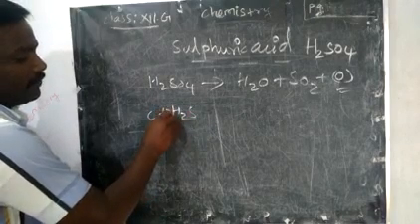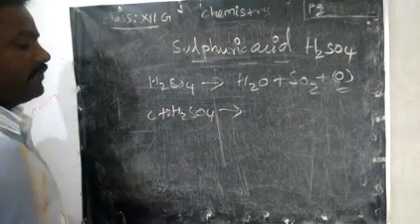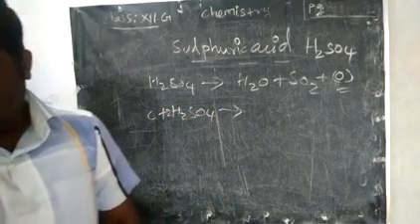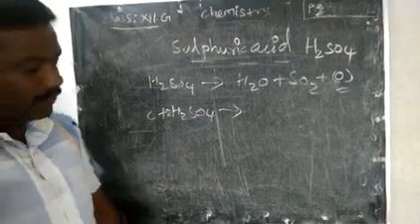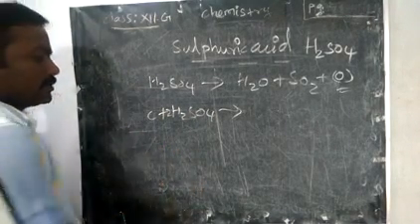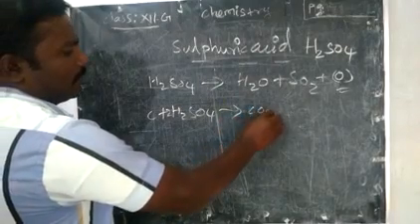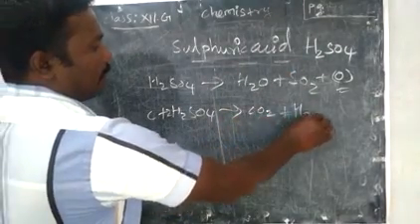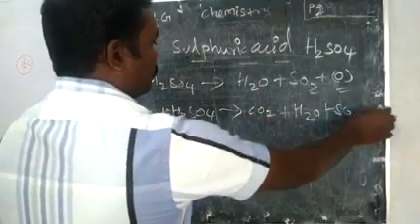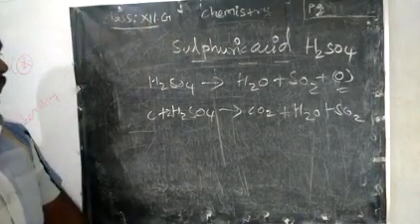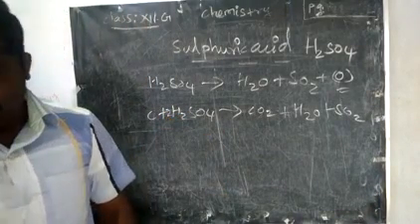2 moles of sulfuric acid react with carbon. We know that carbon reacting means it will give carbon dioxide. So CO2, you remove it, water, then SO2. Now you can balance. Totally how many? 8 oxygen.